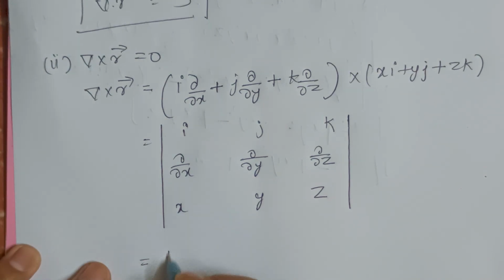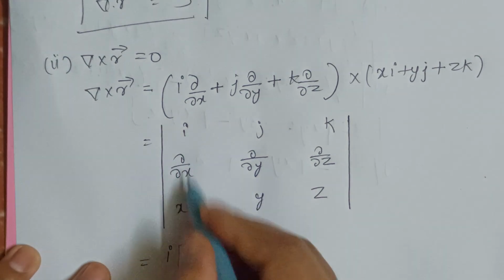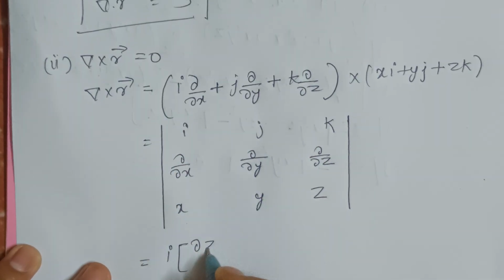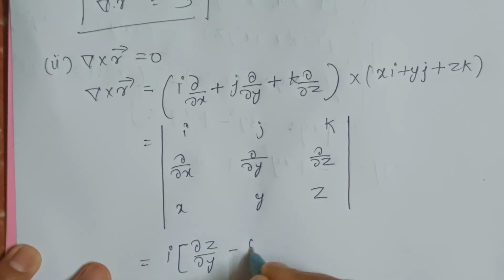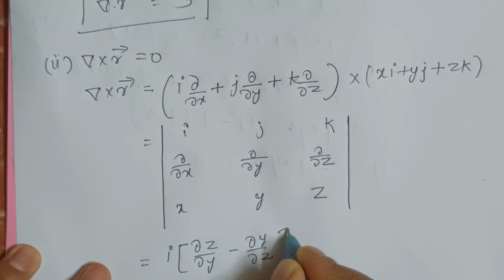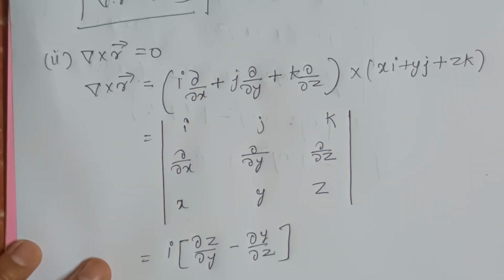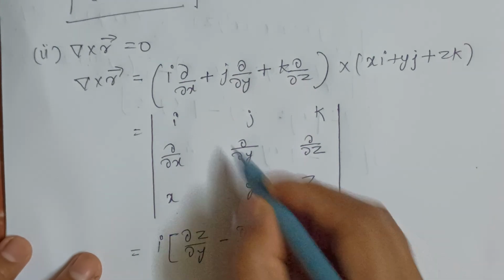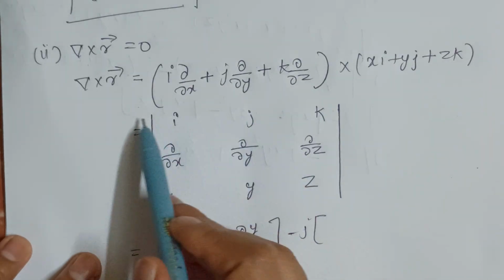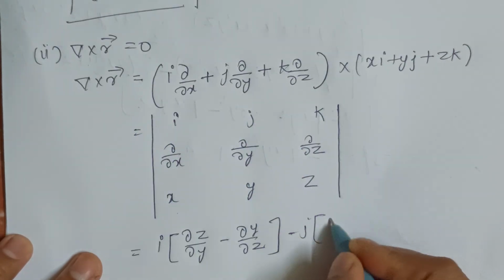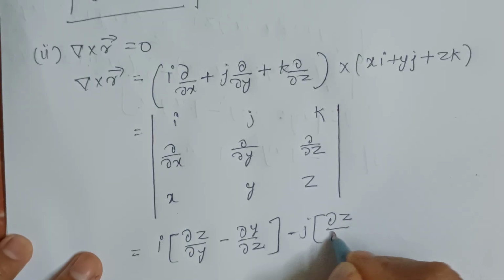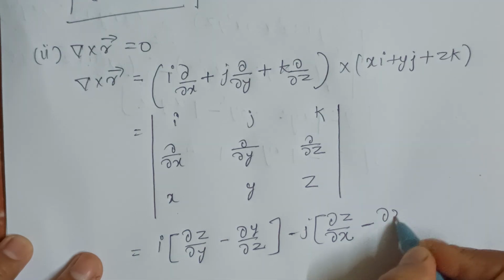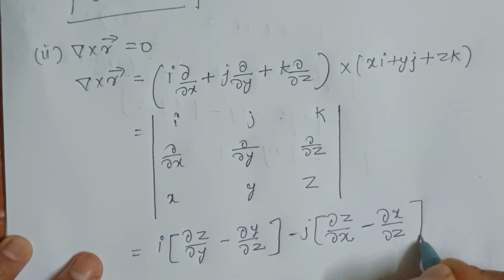So it is going to be i times, leaving this column and this row, dou z by dou y minus dou y by dou z. Now minus j into, leaving the jth column and jth row, dou z by dou x minus dou x by dou z.